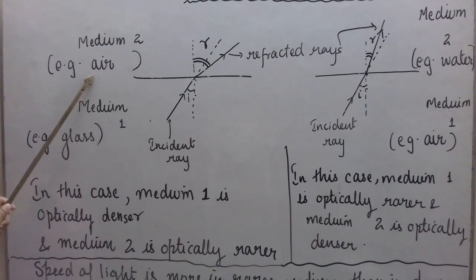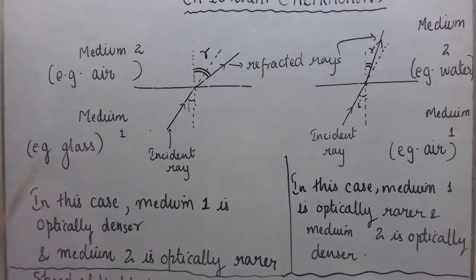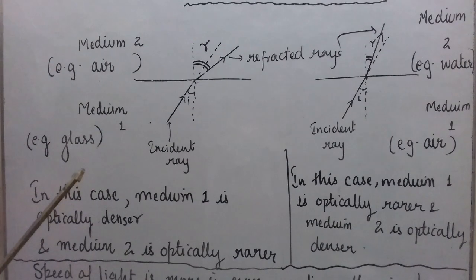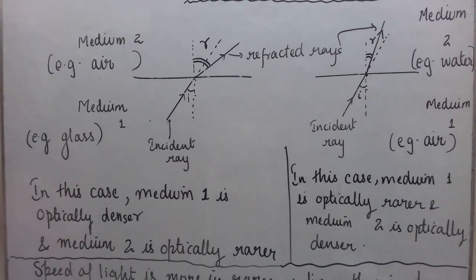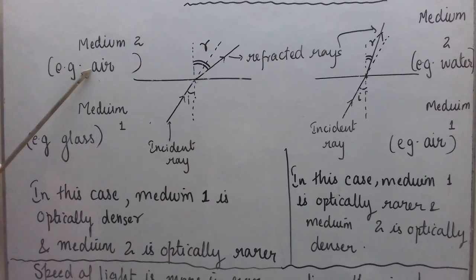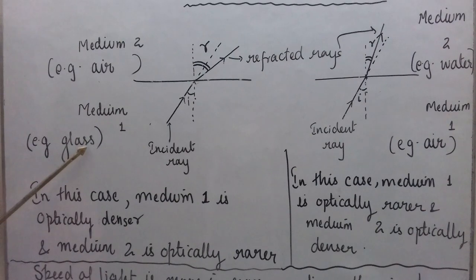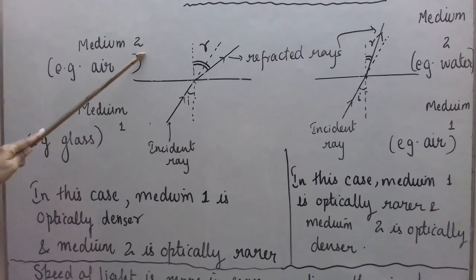We already know that the speed of light is maximum in vacuum and a little bit lesser in air. And in all other media, the speed of light is comparatively less. So when we consider medium 2 as air, it means the speed of light is greater in the second medium than in the first.